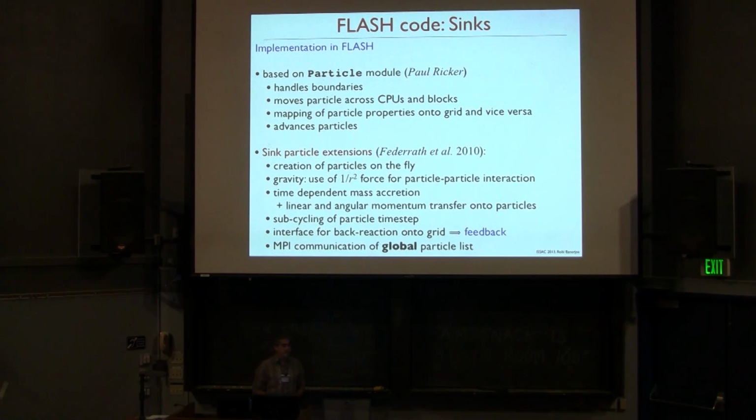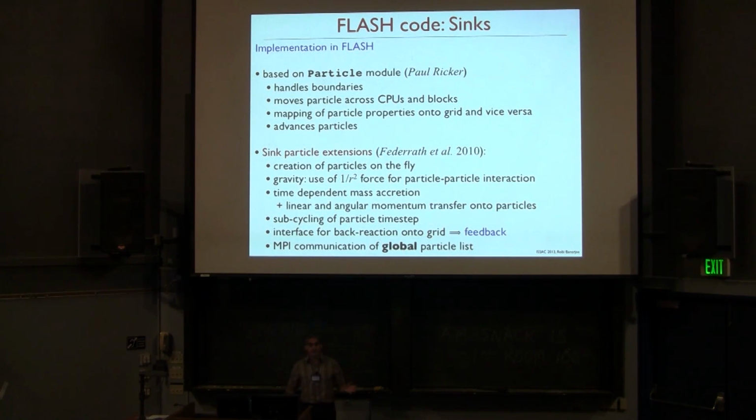Now we are talking about the particular implementation here in the FLASH code. Particles were actually introduced in very early versions, already in FLASH 2 by Paul Ricker, essentially as dark matter particles. They could interact gravitationally, but you had to put them at the very beginning of your simulations, and they didn't accrete gas, so apart from the gravitational interaction, they were not very dynamic.